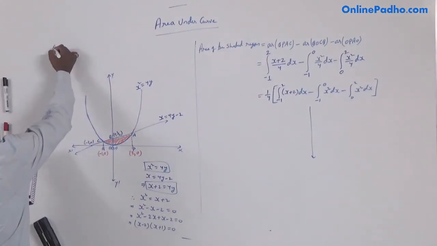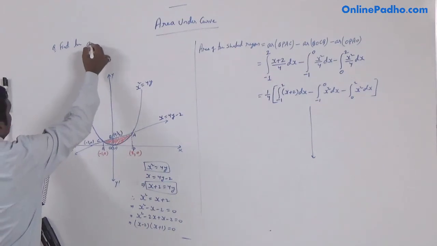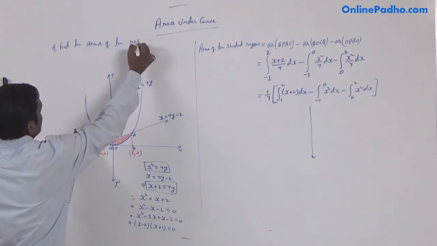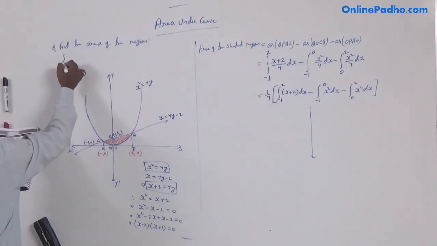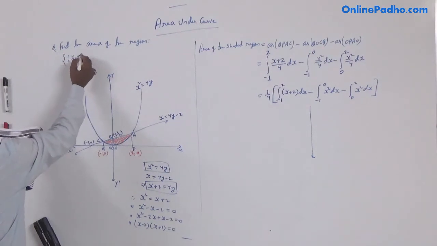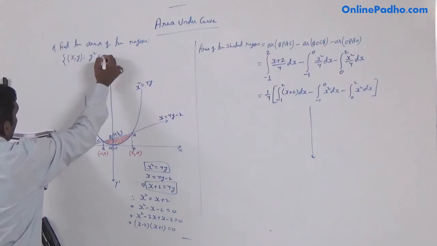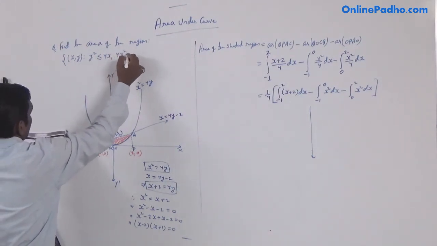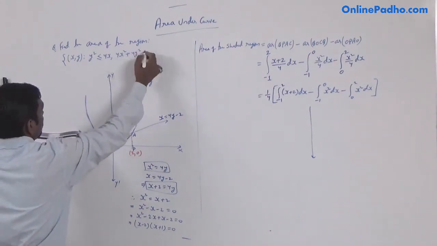Find the area of the region {(x, y)} such that y square is less than or equal to 4x and 4x square plus 4y square is less than or equal to 9.